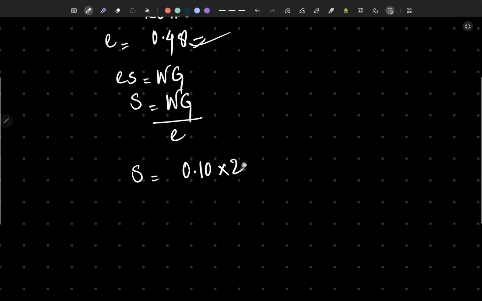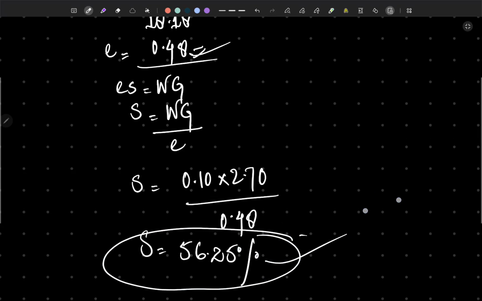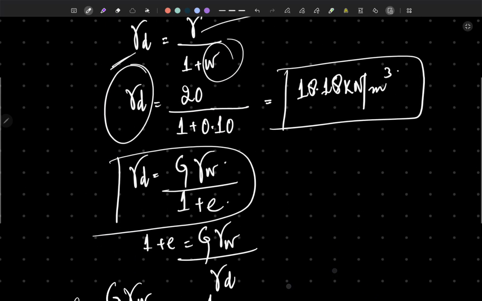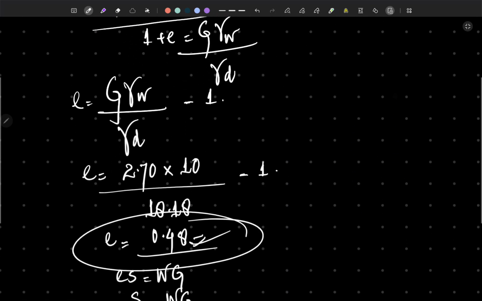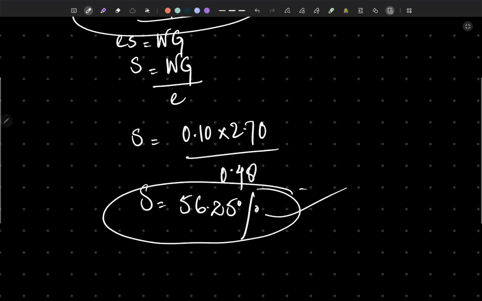Specific gravity is 2.70. Void ratio we just found 0.48. By calculations, degree of saturation is 56.25%. All right. So we have completed all the things. We have found the dry unit weight, the void ratio, and the degree of saturation as well. So this was about the question.